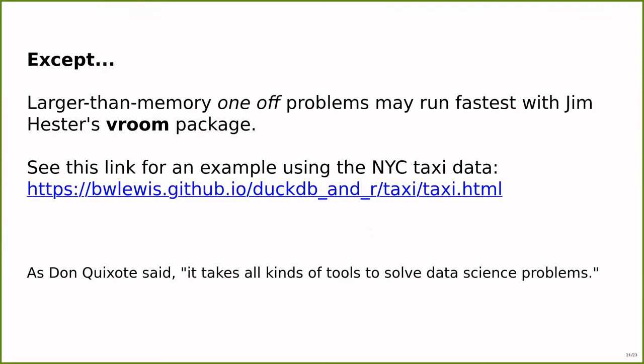Except, there's always an exception. And I write about this in that example there with the New York taxi data set, which is a very large data set. If you're doing a one-off analysis where you're just going to churn through a bunch of CSV or Parquet files or whatever you got, and you're just going to do it once, and you don't plan to do a bunch of repeated analyses over and over with the data, but you just have truly a one-off problem, then you probably are best off using Jim Hester's Vroom package.